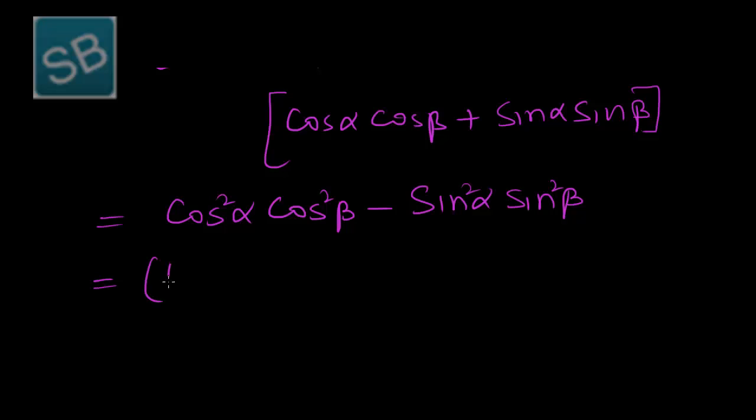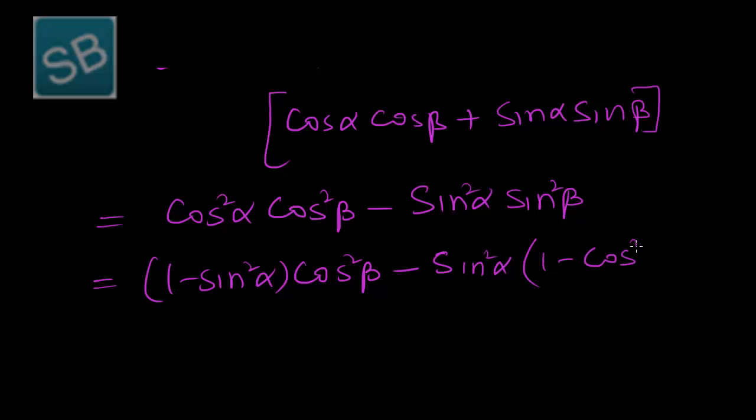So cos square alpha is 1 minus sin square alpha, into cos square beta, and sin square alpha as it is. We have sin square and cos square, so we have to change sin square beta, which becomes 1 minus cos square beta.